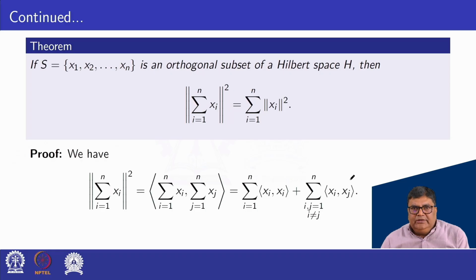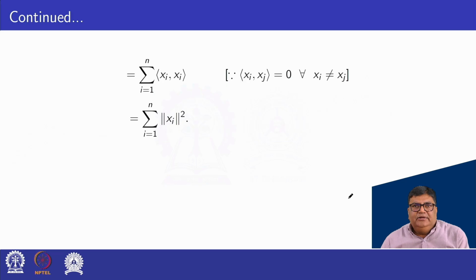So this term is 0 because inner product of xi, xj is 0 for xi not equal to xj.